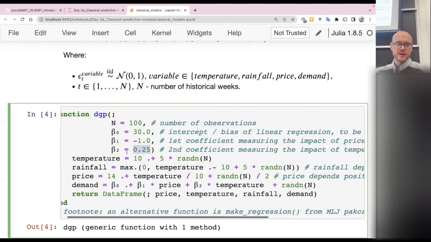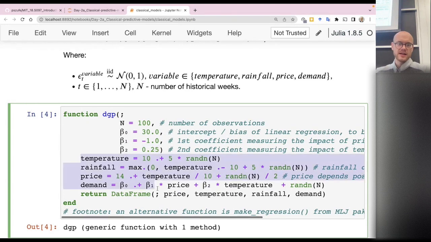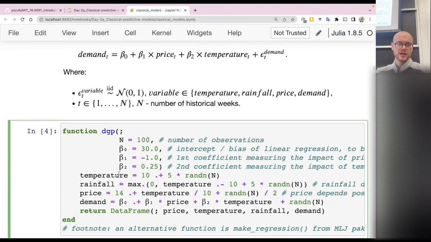So having those arguments defined, we then have those equations actually written in Julia. We define temperature, rainfall, price, and demand. What might be interesting, and was discussed yesterday, is this point-wise calculation.